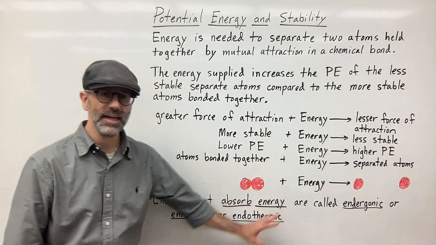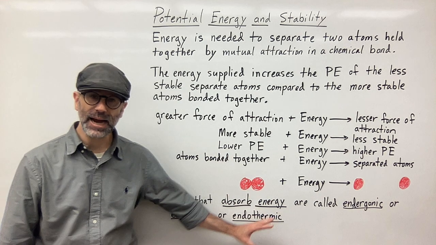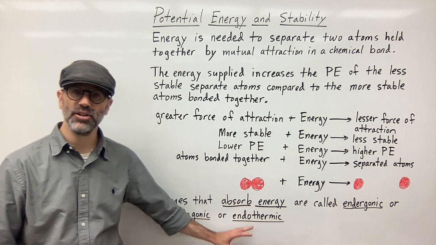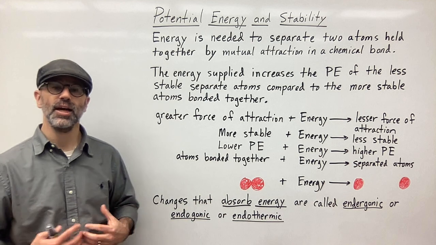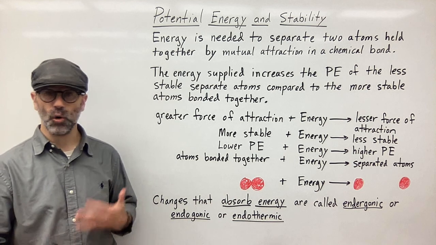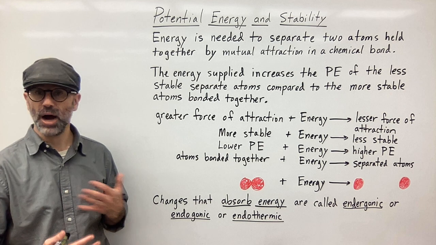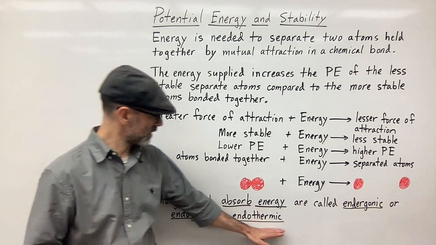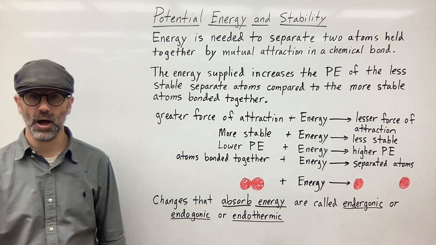So any type of reaction or change in a system that absorbs energy, that's going to be an endergonic change or reaction or process. It's also referred to as an endothermic process as well.